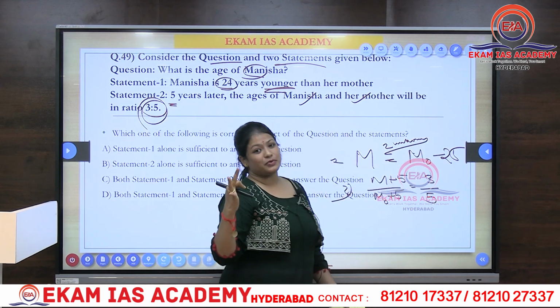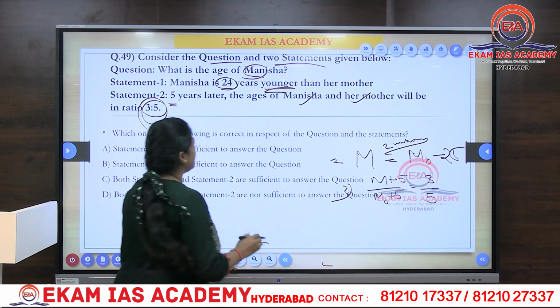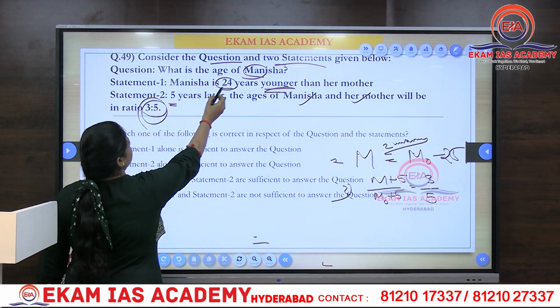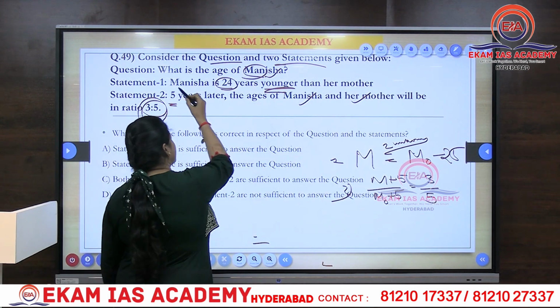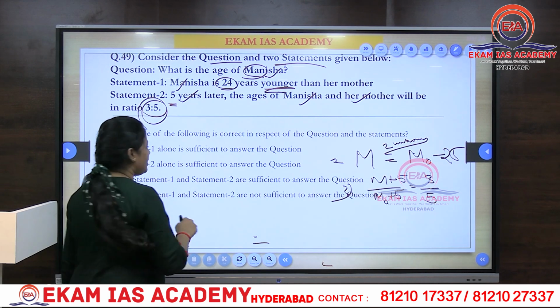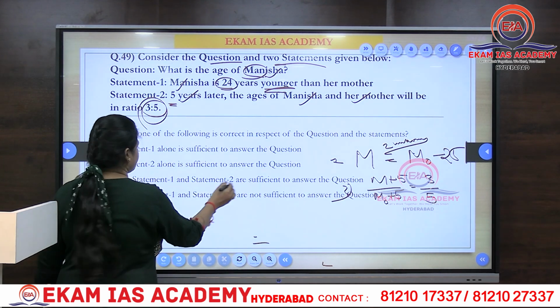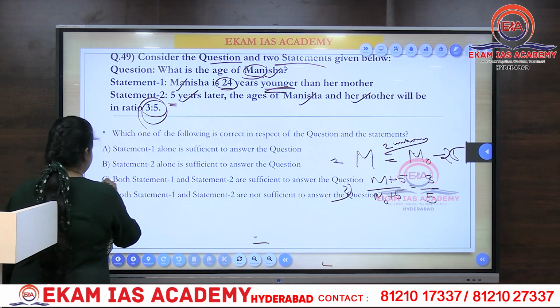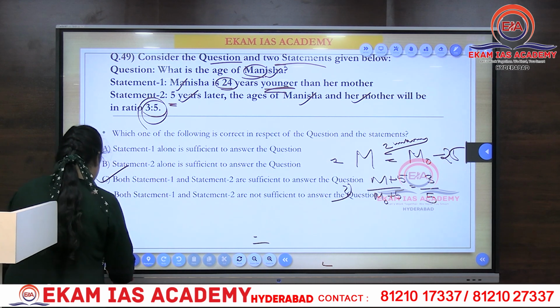If there are 3 unknowns, we may need 3 statements. Hence, to determine the age of Manisha, we require both statement 1 and statement 2 to solve this, because both the ages are not given to us. We will check into it. Yes, both statement 1 and statement 2 is the right answer.